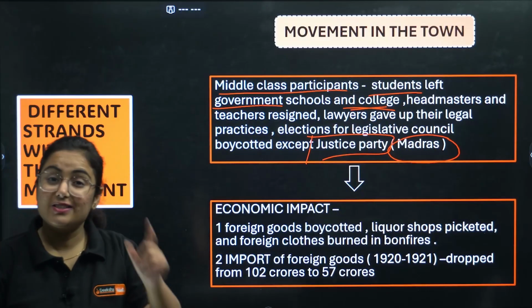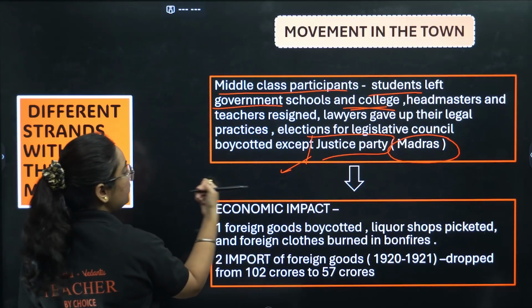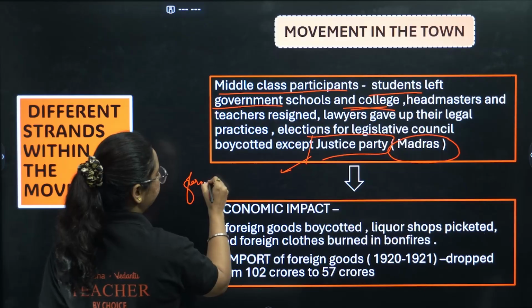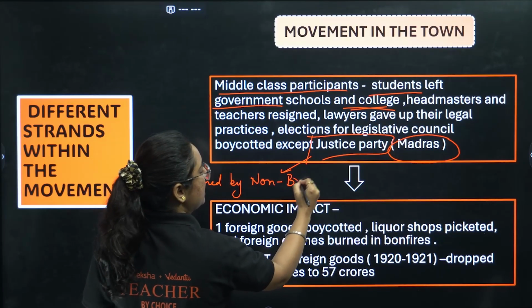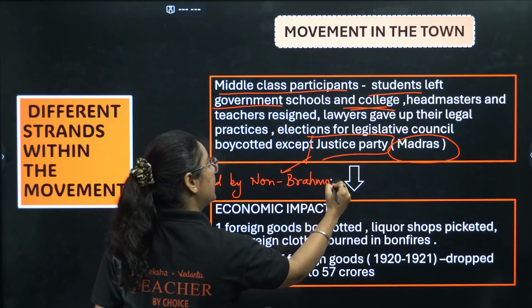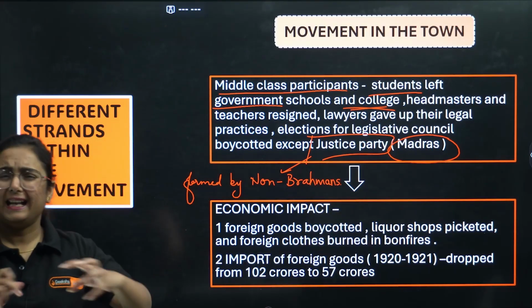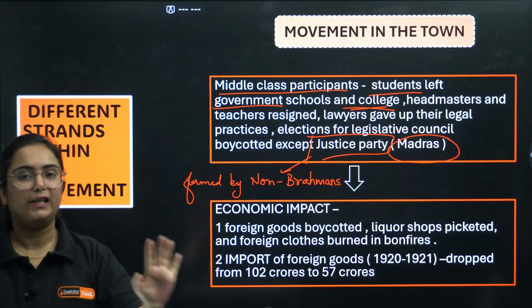This Justice Party was dominated, or what we can say formed, by non-Brahmins, and they always thought that their demands will never be accepted by Indian National Congress, and they kept themselves a little away from the work style of Indian National Congress.